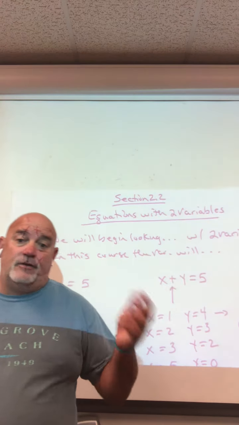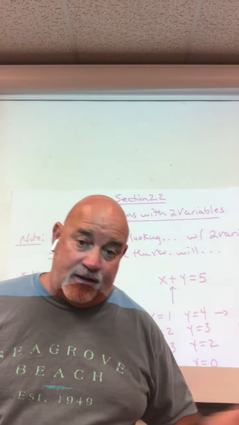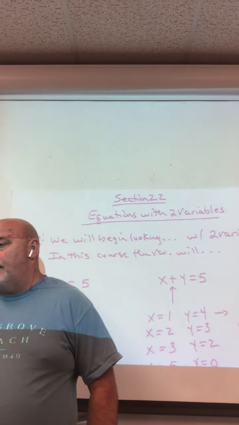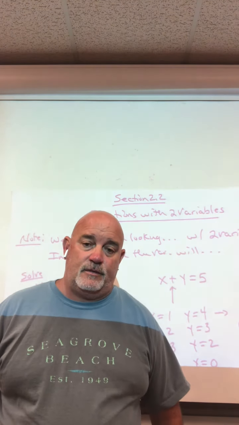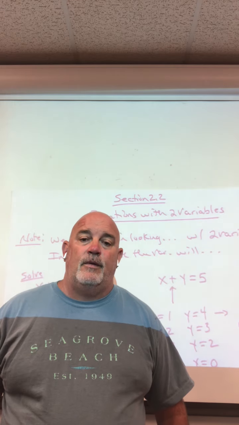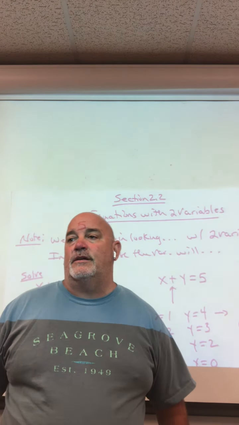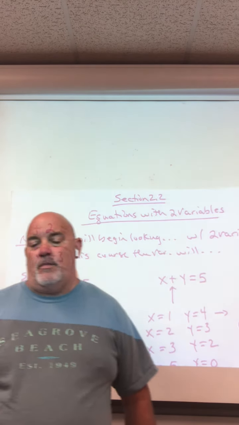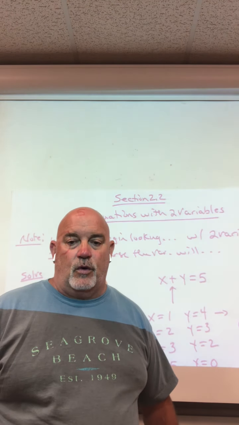And that's what the first note said. The first note said we'll have an infinite number of solutions. Continue the note. For this reason, we do not solve these equations. We will graph them.